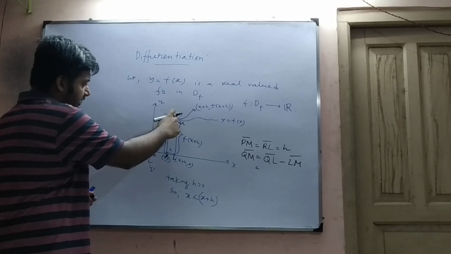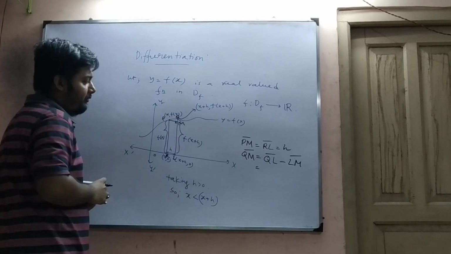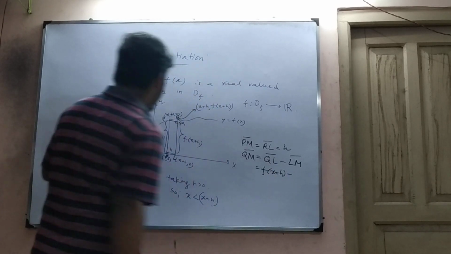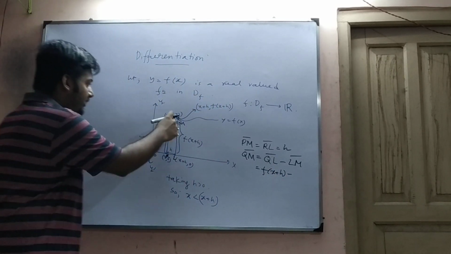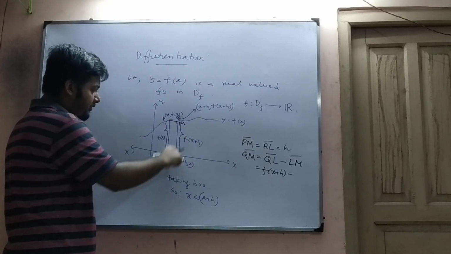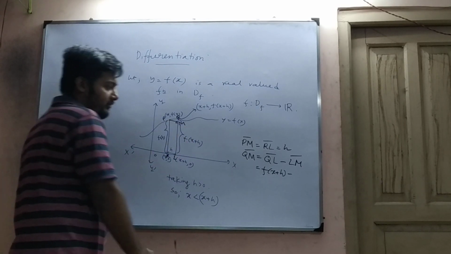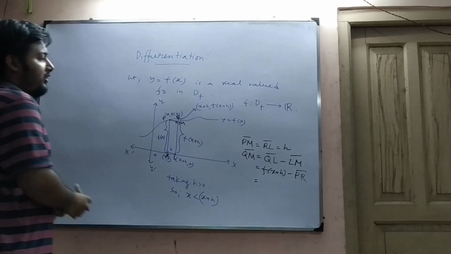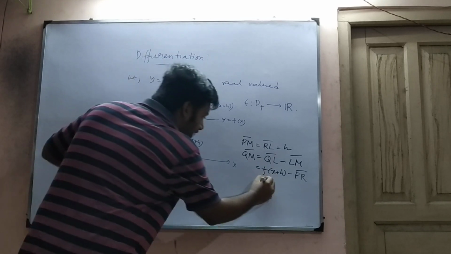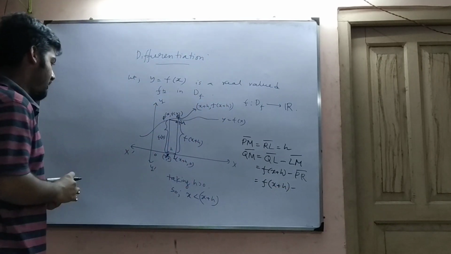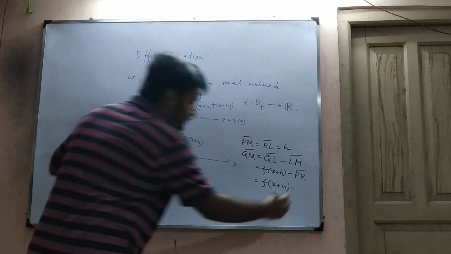So QL is f(x plus h), minus what is LM? LM is nothing but PR. So that is PR. So what you get? You get f of x plus h minus PR, means f(x).